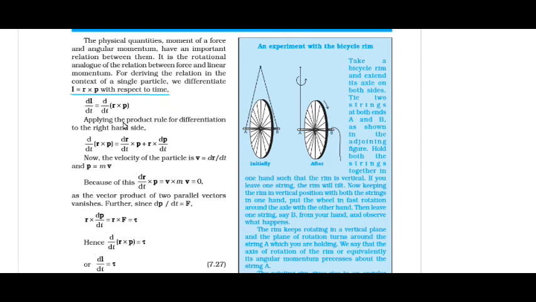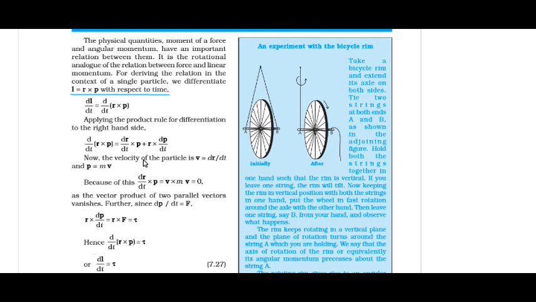So upon differentiation, we get dL upon dt, differentiation of r cross p upon dt. Applying the product rule of differentiation to the right hand side, we get d(r cross p) upon dt is equal to dr upon dt cross p plus r cross dp by dt.